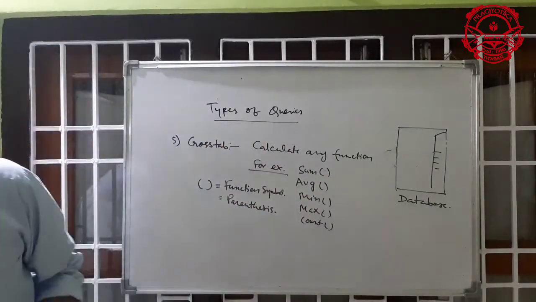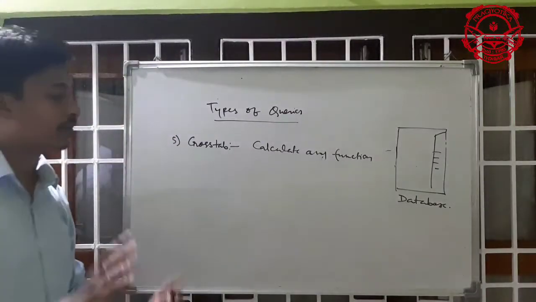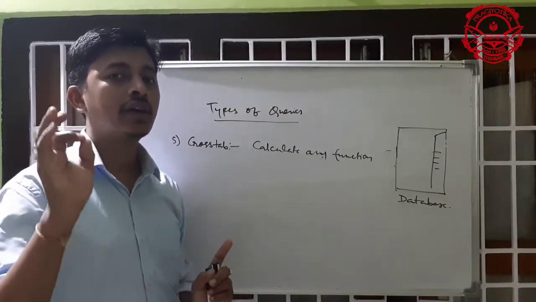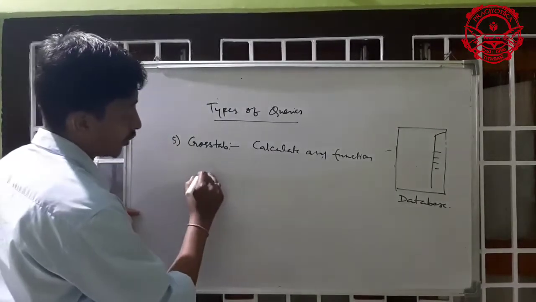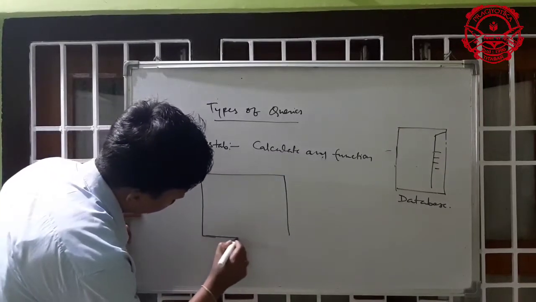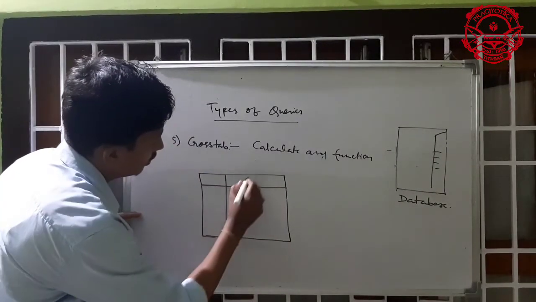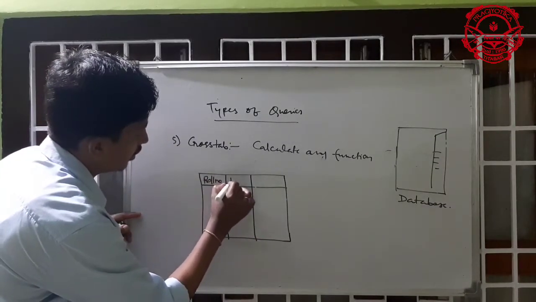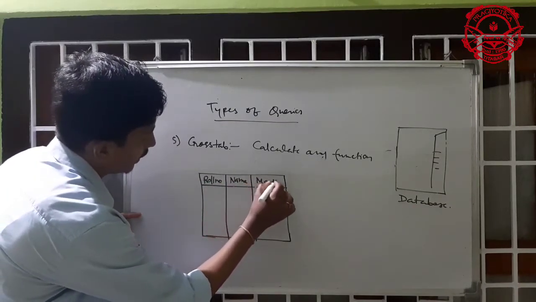Say example. Again, I give an example. Example is very important because, for better understanding, an example is a very good formula. So you have to know the examples. Actually, what is cross tab? I can see here, this is a roll number, name and marks field.